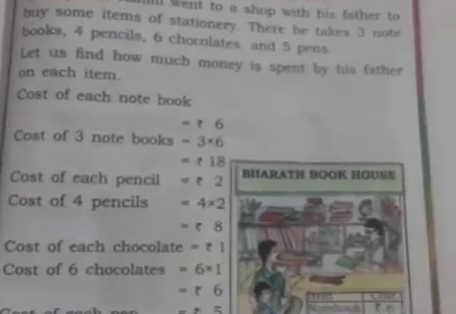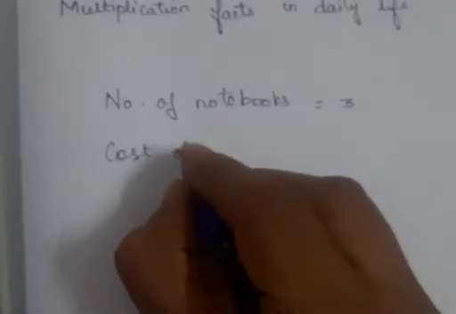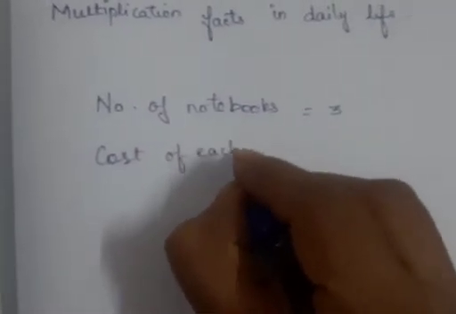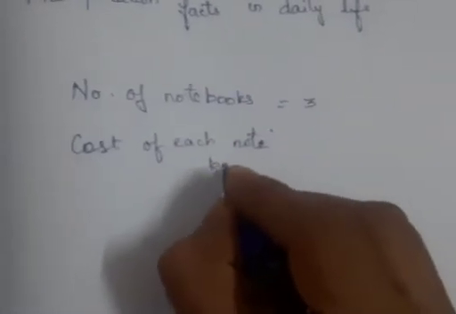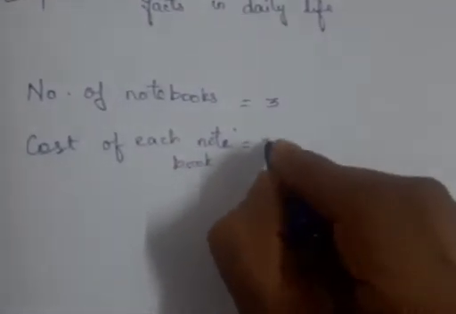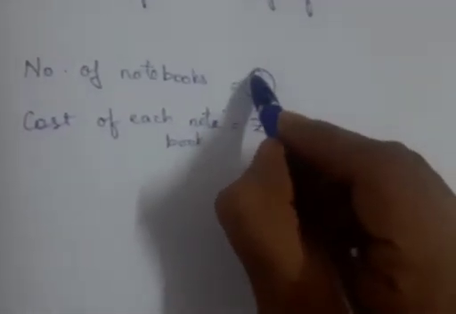Let's solve the problem. Number of notebooks equal to 3. Cost of each notebook equal to rupees 6. So he buys 3 notebooks.